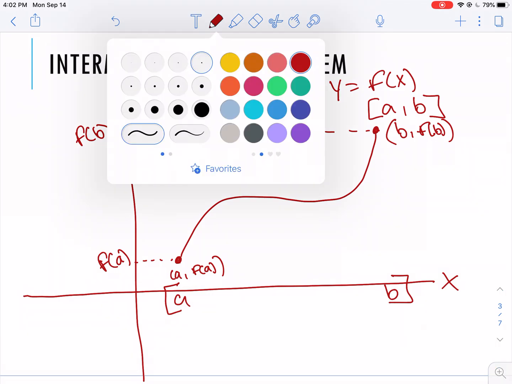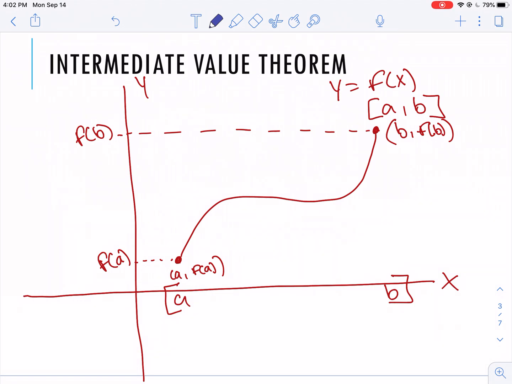Now, there's this y value I, for intermediate, in between f of a and f of b.